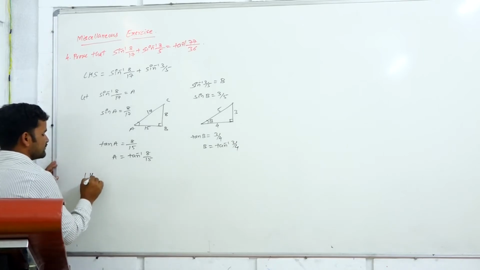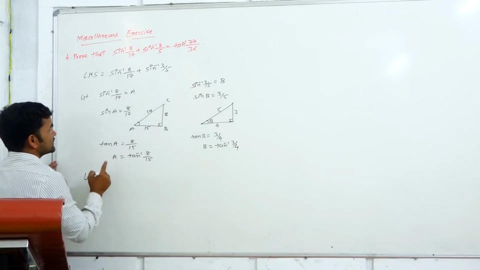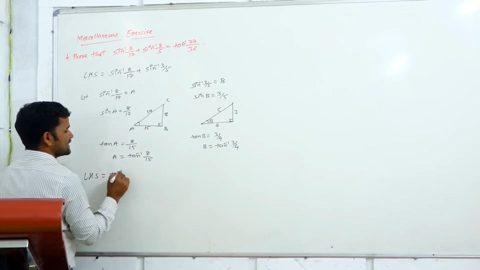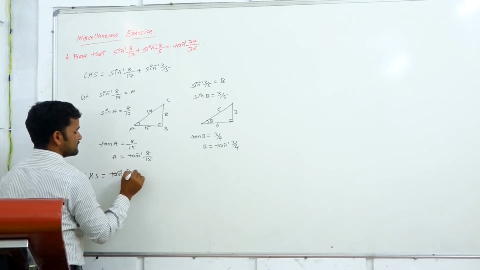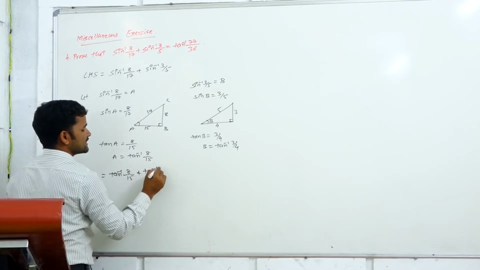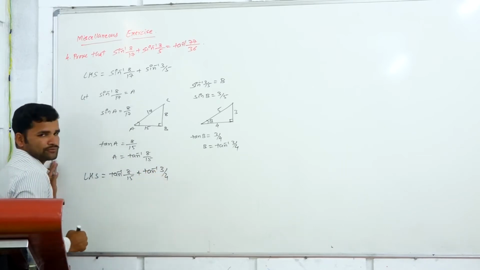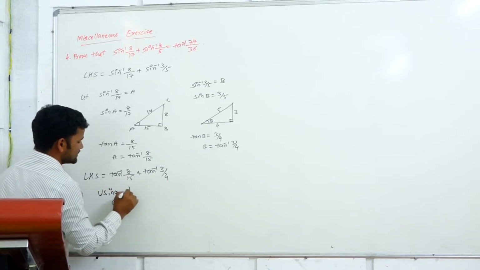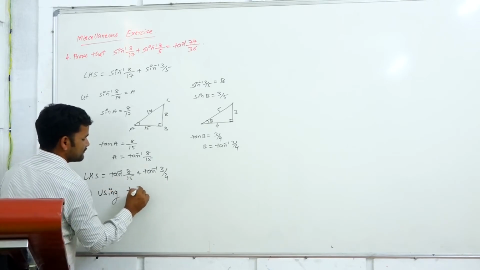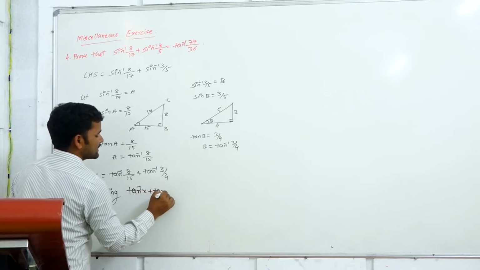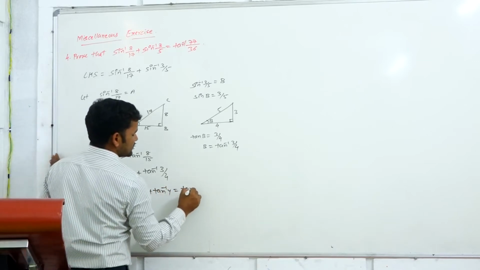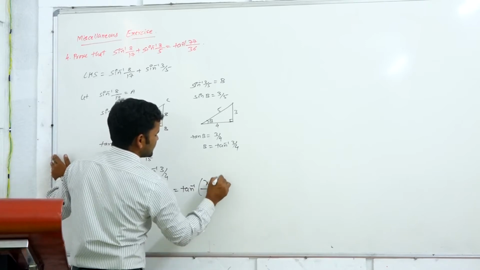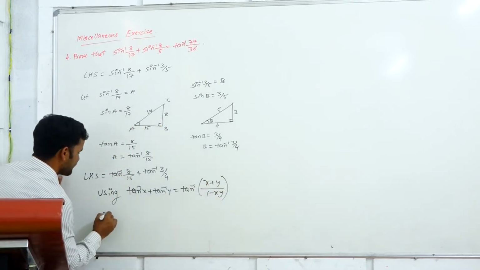Coming to the LHS of this problem, LHS says sine inverse of 8 by 17 plus sine inverse of 3 by 5. I am replacing it as tan inverse of 8 by 15 plus tan inverse of 3 by 4. Here we will use the formula: tan inverse of x plus tan inverse of y is equal to tan inverse of x plus y by 1 minus x into y.